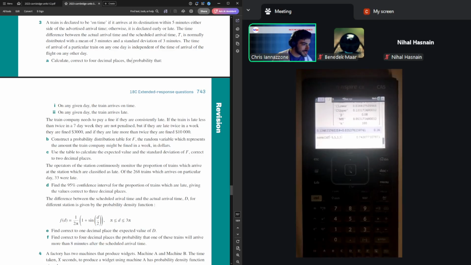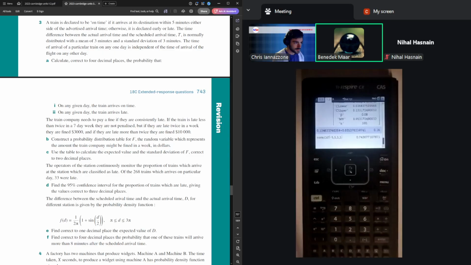On any given day, the train arrives late. There are 2 ways we could handle this. What might we do? Would it be 0 to... oh, sorry, -5 to negative infinity.